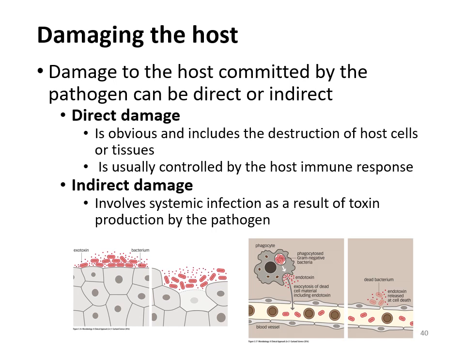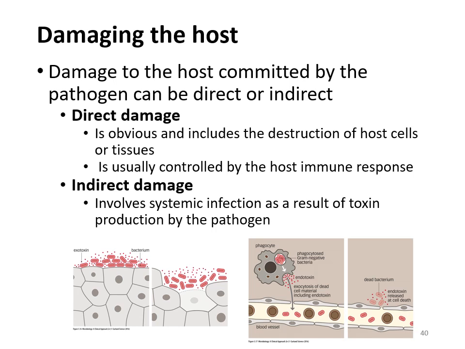So when we talk about damaging the host, there are two big categories to remember. There's direct damage or indirect damage when we're talking about damage being caused by the pathogen itself. Now, if it's direct damage, then you're basically going to think of it as the direct damage from the physical pathogen itself.